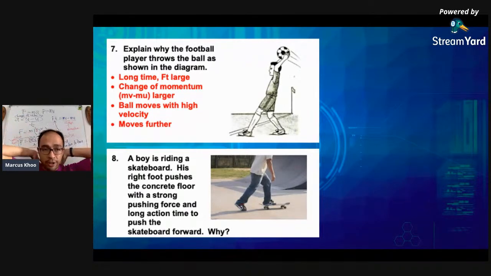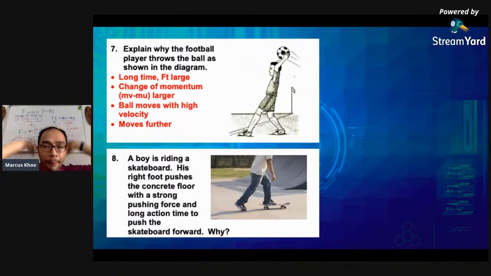But if you increase the amount of time that you apply the force on the ball, all the way, you're going to have a very big impulse. If you have a big impulse, you will have a big change in momentum. A big change in momentum means your final velocity will be very high.